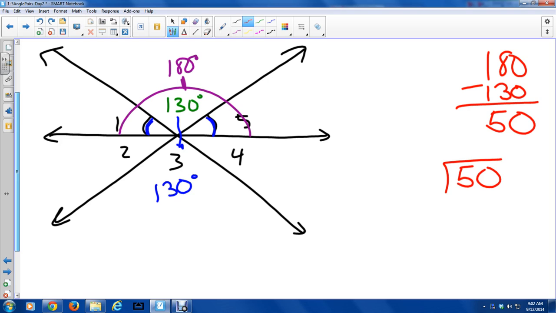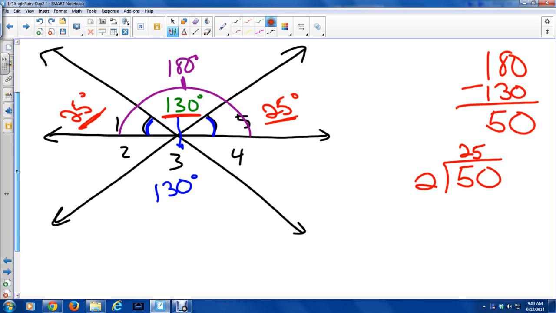So take your 50 and divide by 2 because you're missing two angles, angle 1 and angle 5. You get 25 degrees, so angles 1 and 5 are both 25 degrees. Now if you double check, add 130, 25, and 25, and you get 180. That makes a little more sense.